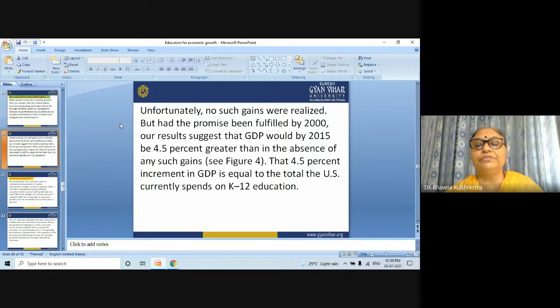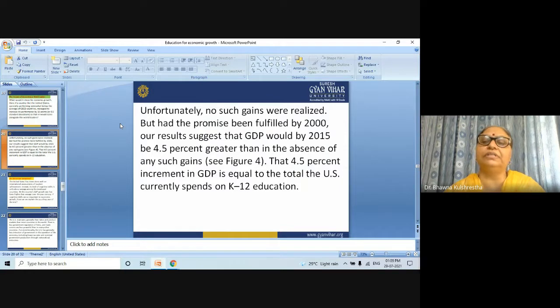That 4.5% increment in GDP is equal to the total the US currently spends on K-12 education.